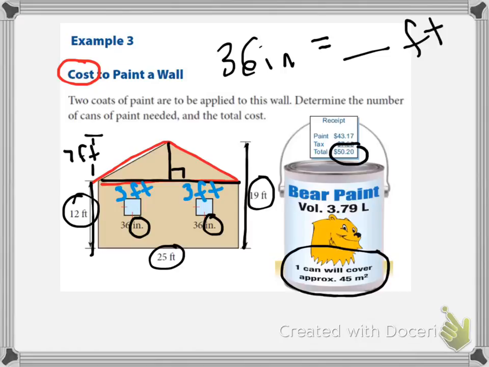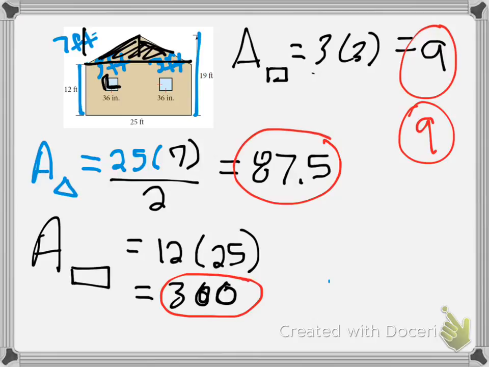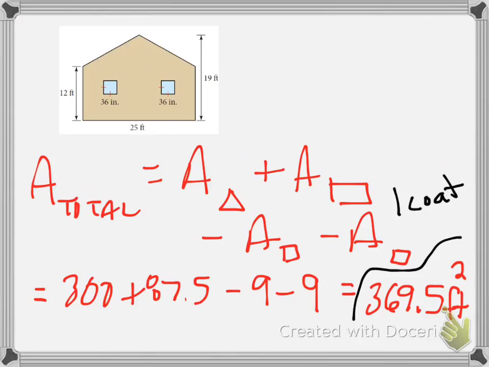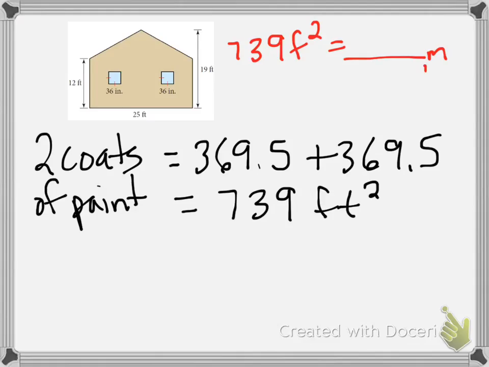So now we got to convert everything into square meters. You can look up on the internet or ask me how many square feet are equal to how many square meters. So we've got 739 square feet. That's equal to how many square meters.